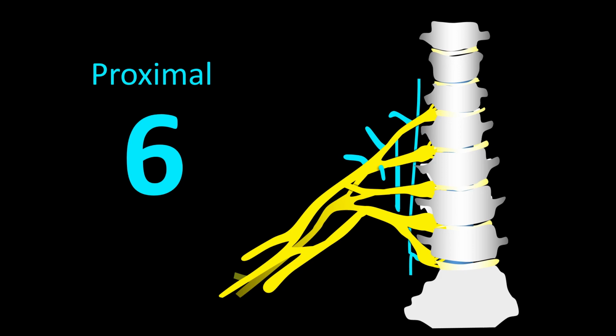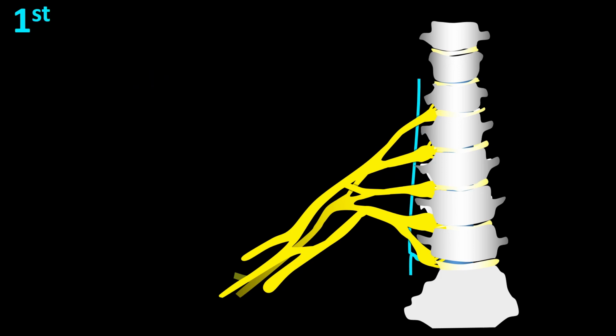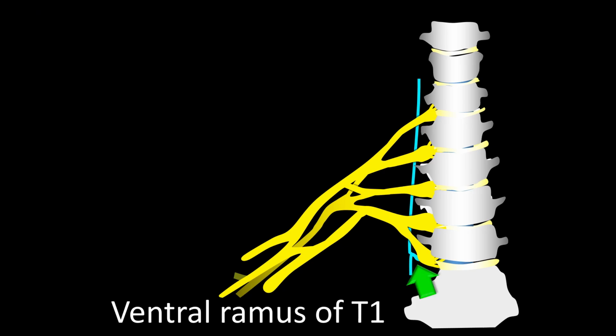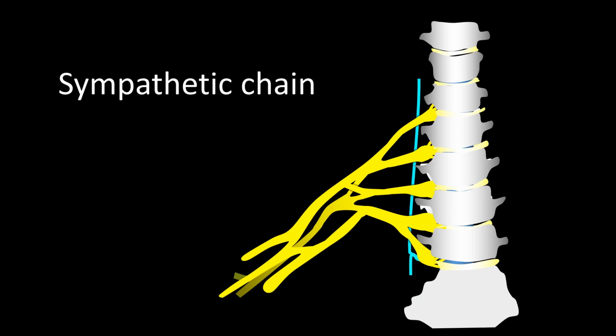6 nerves arise from the proximal region. I will introduce them to you one by one. The first one, arising from the ventral ramus of T1, is called the sympathetic chain.